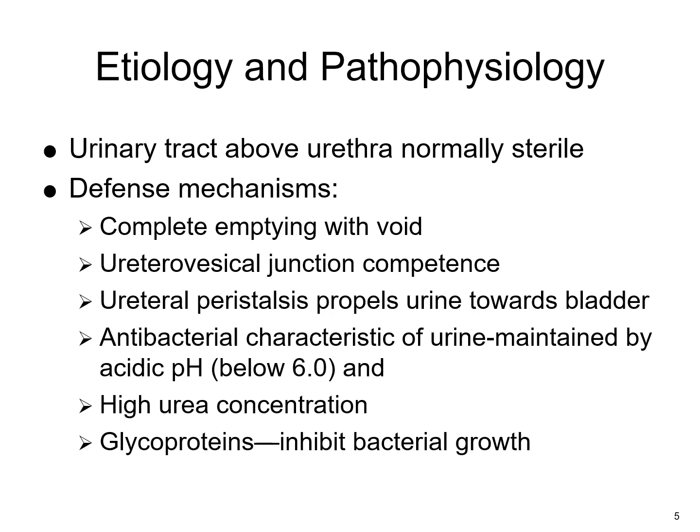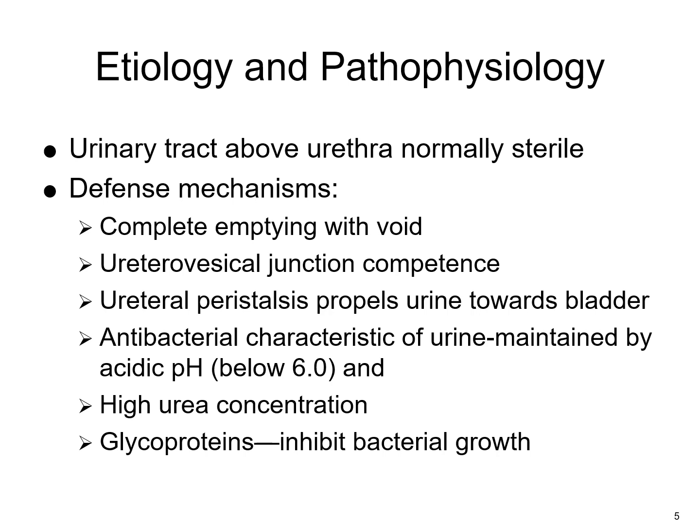So making sure the urine is moving towards the bladder and it's coming out in the urethra, right? And the patient is voiding. There's an antibacterial characteristic of urine, which is maintained by an acidic pH. So it's below 6.0, and there's a high urea concentration. And then there's what are known as glycoproteins, which are basically inhibiting bacterial growth.